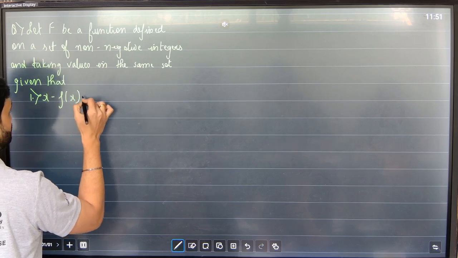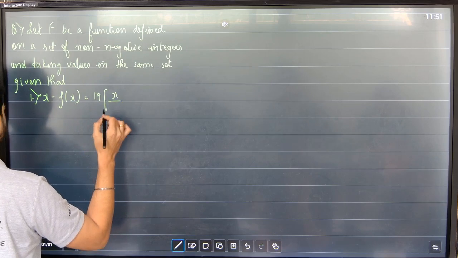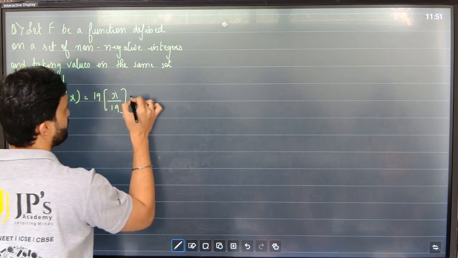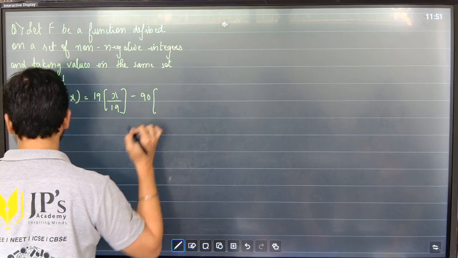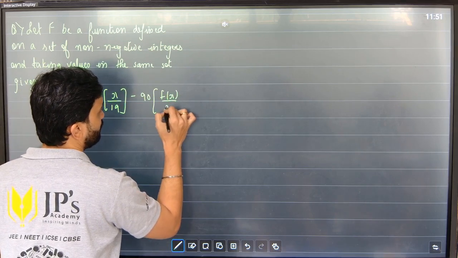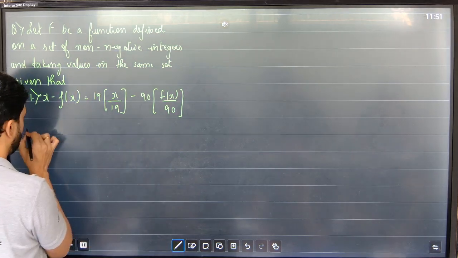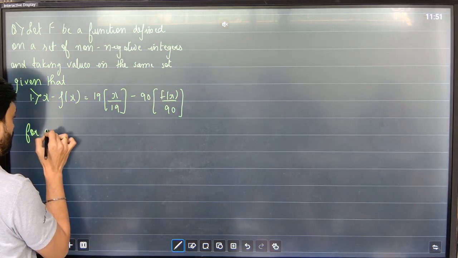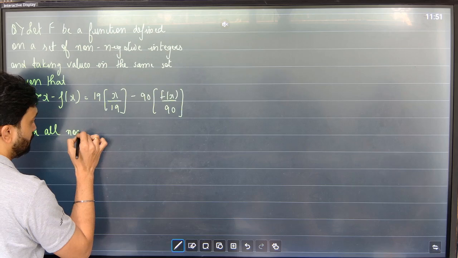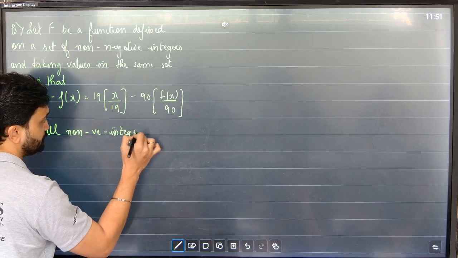x minus f of x is equal to 19 times the greatest integer function of x upon 19 minus 90 times the greatest integer function of f of x upon 90, for all non-negative integers.